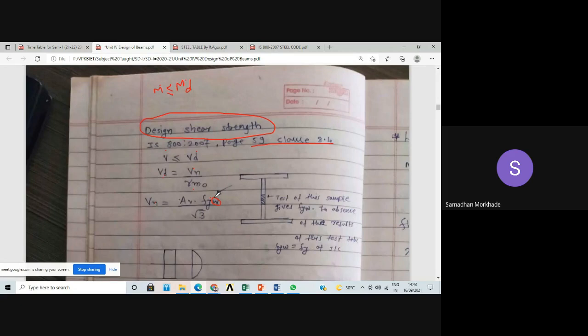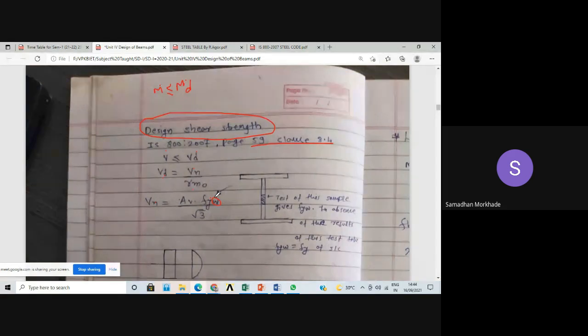For I sections, there are two flanges and one web. So whatever bending moment is developed in the section is carried by the flanges, and the shear force is carried by the web.